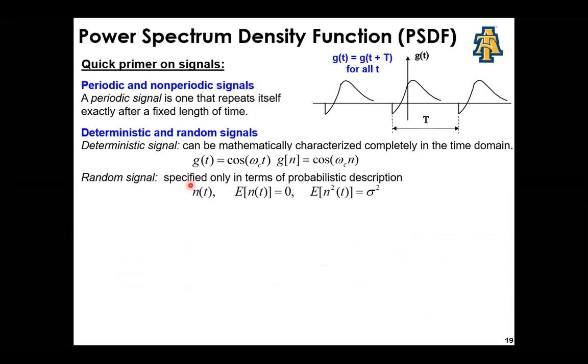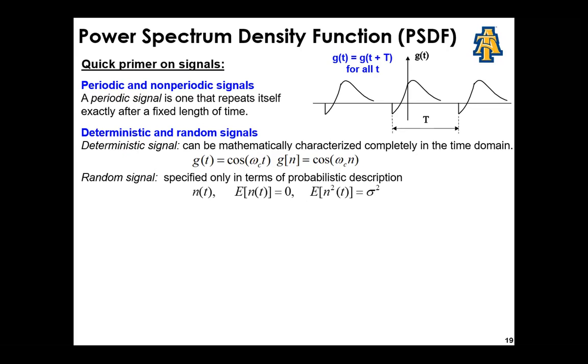Before we talk about the power spectrum density function, let's talk a little about signals. Signals can be classified as periodic and non-periodic signals. Periodic signals repeat themselves over a fixed length of time. The signals could be deterministic or random.